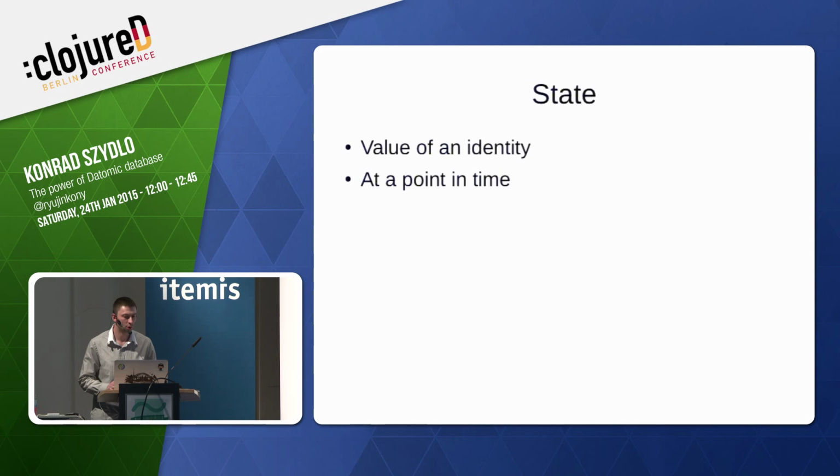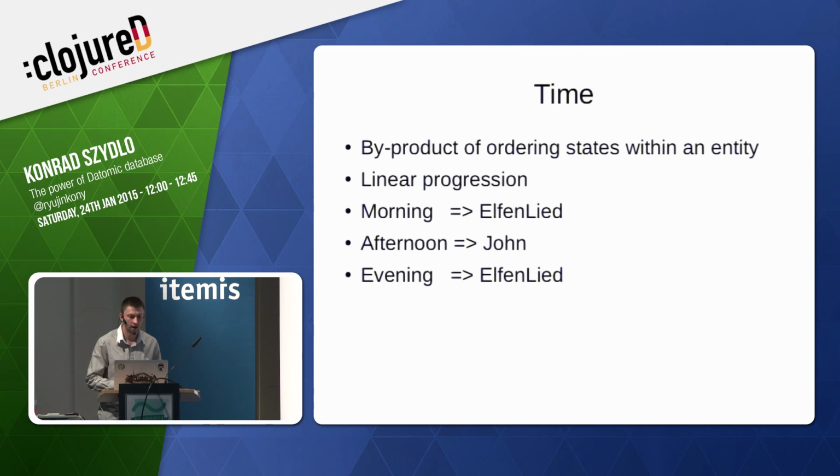A state, it's a value of an identity at a point in time, and time, it's a byproduct of ordering states within an entity, so we can think about time in a linear way. So in the morning, John is known as Elfenlied. In the afternoon at work, it's John. In the evening, again, when he plays games, he's known as Elfenlied.